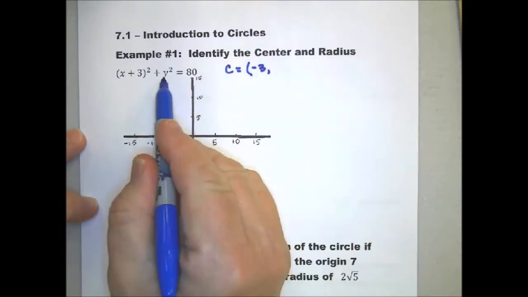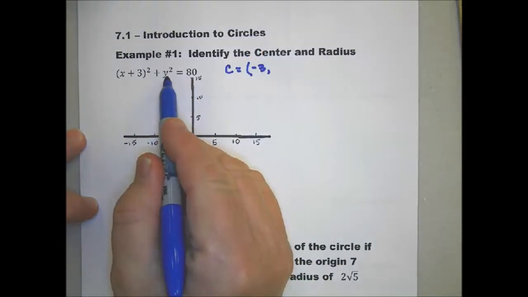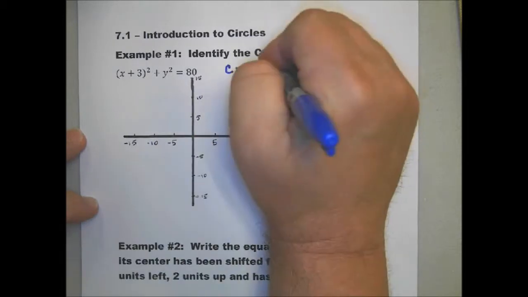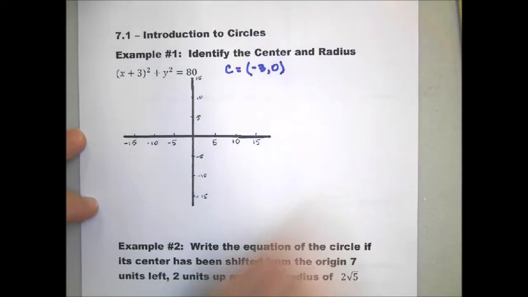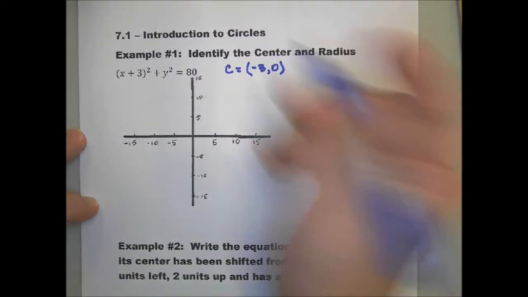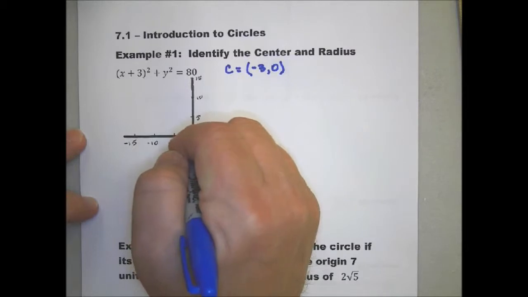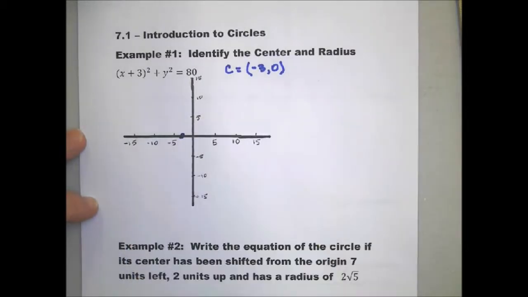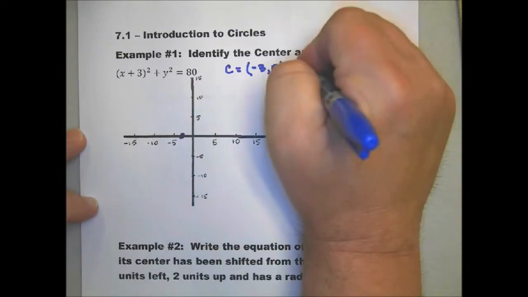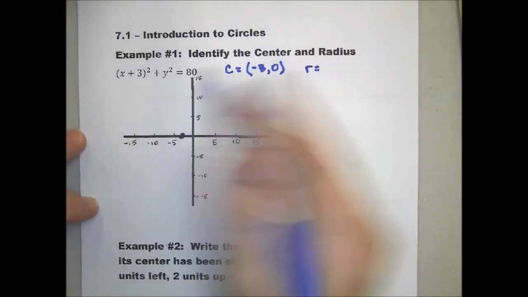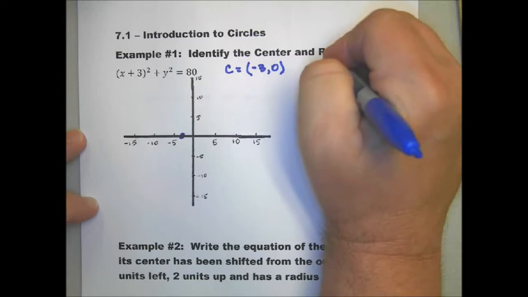Now the y-coordinate, nothing is happening to the y-coordinate, so -3, 0. So the center is -3, 0. So if I marked that, I think -3, 0 would be about right here. And then the radius would be the square root of that number, so square root 80.